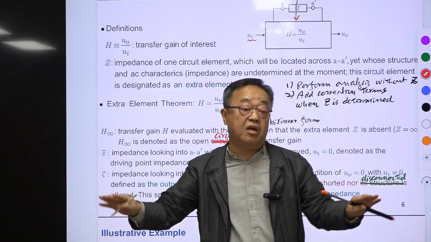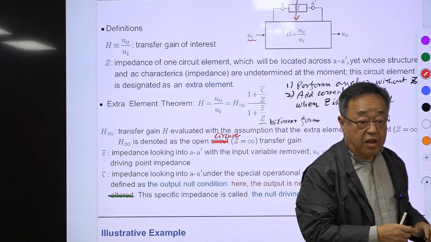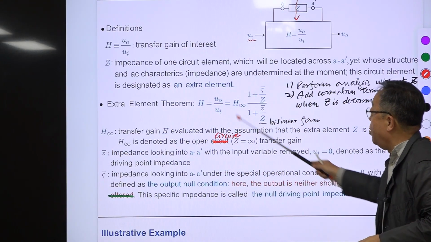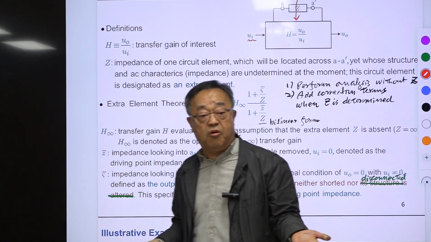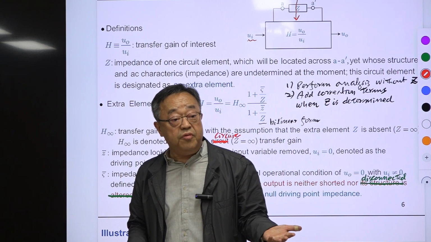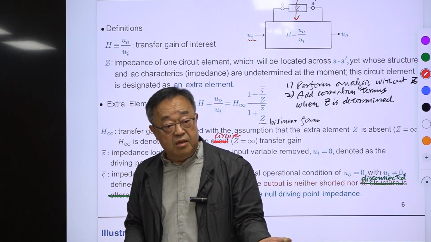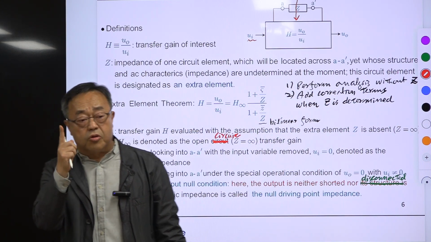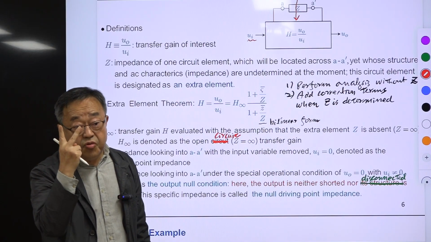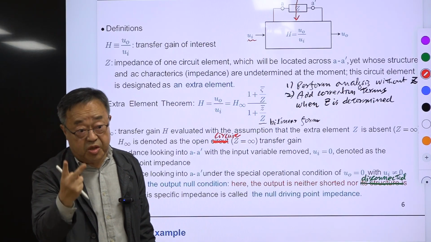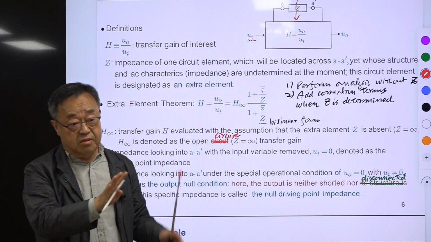You find the transfer function with that condition. Later on, you add this correction factor, which is very easy to evaluate. Then you have the complete transfer function with everything. Okay? And maybe you assign one extra element, or you assign two extra elements for some cases. That can be done.